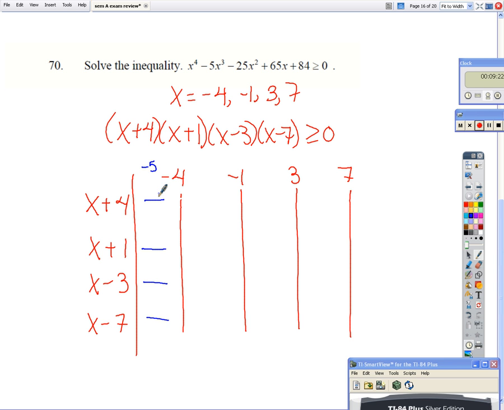So when I multiply all 4 negatives together, that gives me a positive answer total. So if I pick something between -4 and -1, positive, negative, negative, and negative.